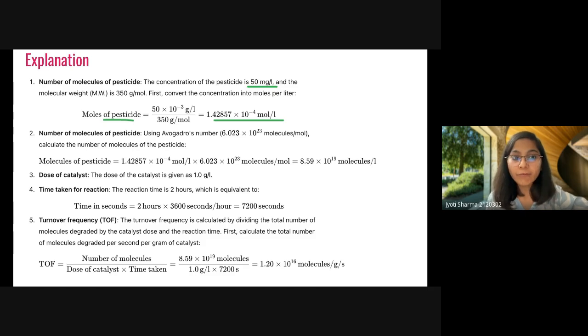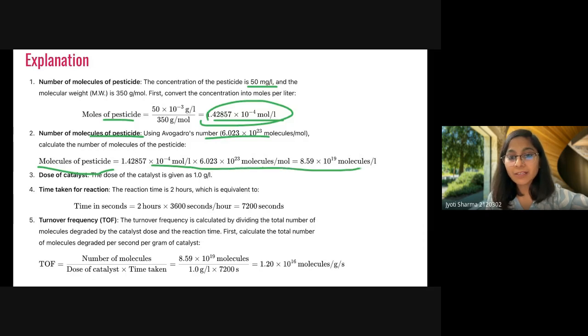Then, to calculate the number of molecules of the pesticide, you multiply it by the Avogadro number, because per mole there are 6.023 × 10^23 molecules, and we have this many moles. If we multiply the moles by the Avogadro number, that gives you the number of molecules of the pesticide.